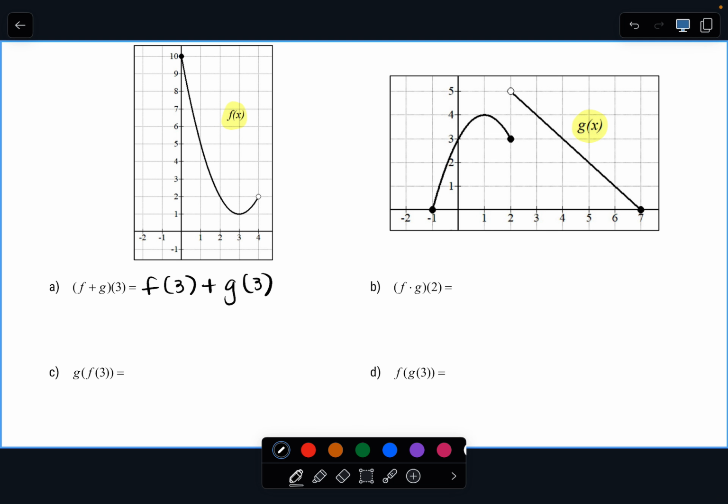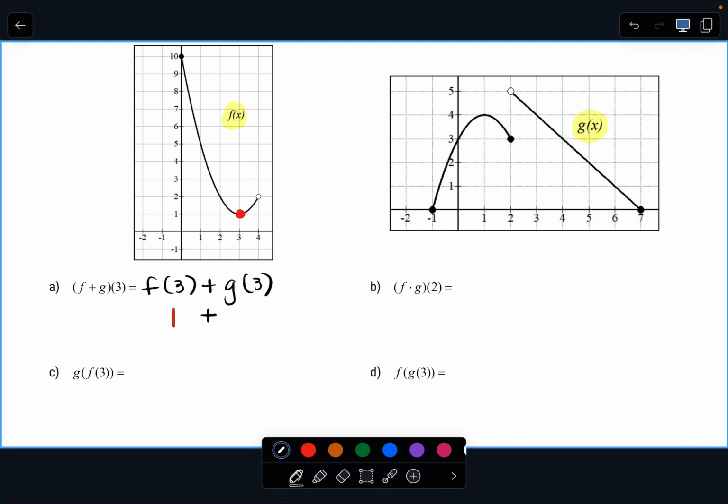Is x the horizontal axis or the vertical axis? The horizontal. So I'm going to go to where x is equal to 3. You're going to go up until you see where the graph is. And you're going to ask yourself, what is the y value of where that point would be? So what is the y value of when x is equal to 3? 1. So this is going to be 1.